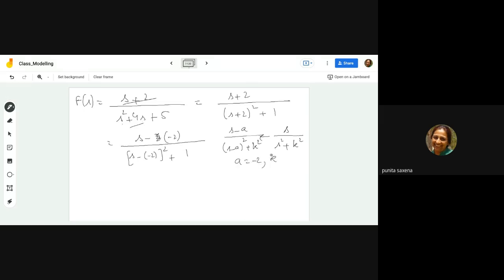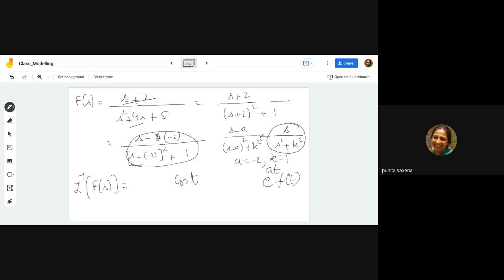Minus 2. What is your k? 1. For s upon s square plus k square, what is the inverse Laplace? Cos kt. And how much is k? 1. So it becomes cos t. So the inverse Laplace for this function has to be with cos t, multiplied by e to the power at.